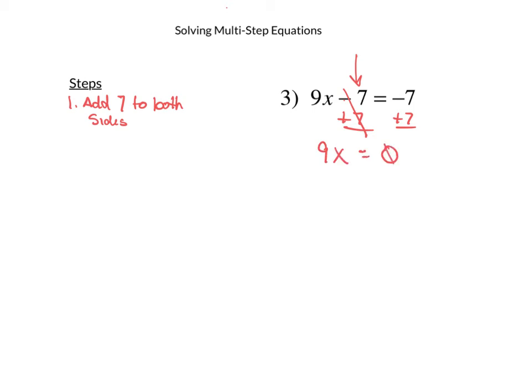The variable still isn't by itself, so we want to divide both sides by 9. And why did we divide by 9? Because 9x really means 9 times x. So you want to divide by 9.